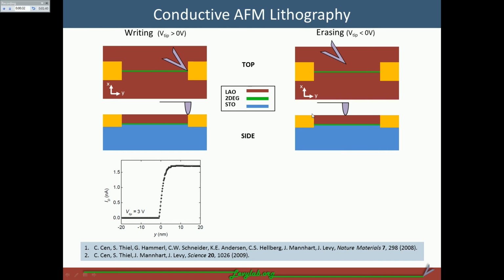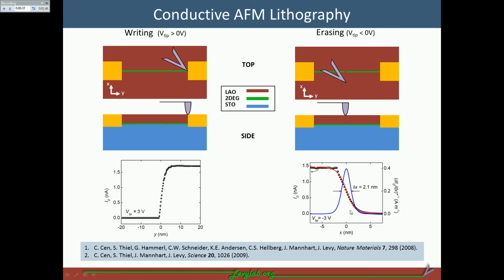And when we negatively bias this tip, we can erase the sample, which means we restore the conducting state to the insulating state. And also, by looking at the conductance drop, we can measure the width of the nanowire is around 2 nanometers, as indicated in this example.